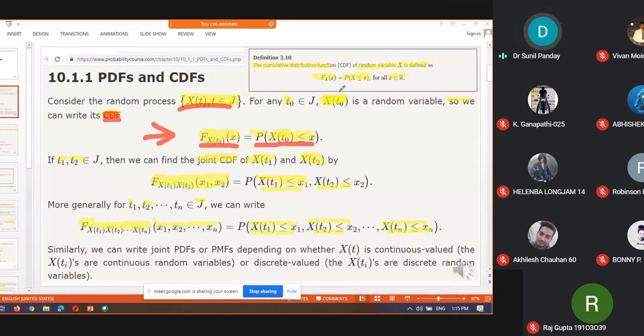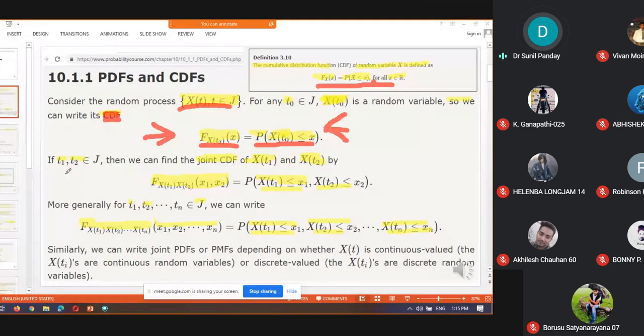When X is a random variable, its distribution function is defined by F_X(x), the probability that X is less than or equal to x. In particular, in a random process, when time t is fixed at some value t_0, the probability that X(t_0) is less than or equal to x gives us the value of the distribution function at the point x.